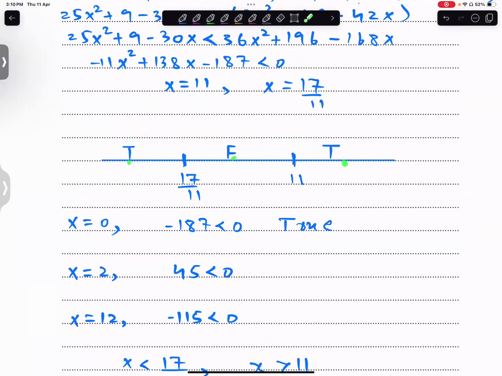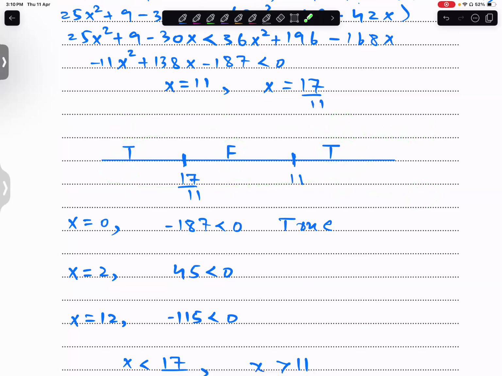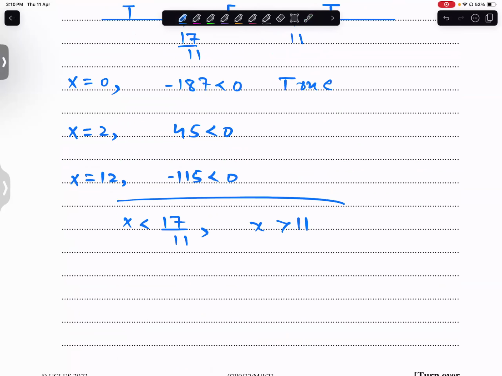So true, false, true, or false, true, false. These are the only two possibilities. So you don't need to check all the regions. This is true only for quadratic inequality. Okay, quadratic inequality. So this is my final answer.